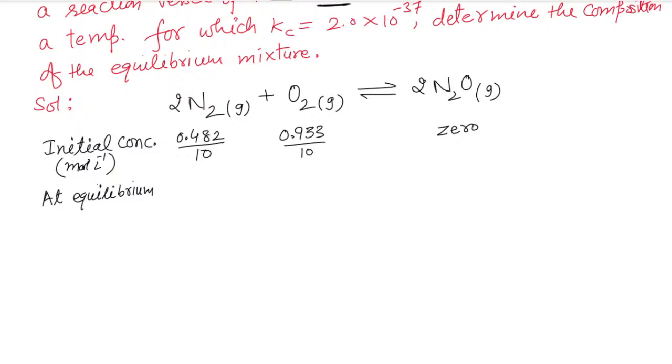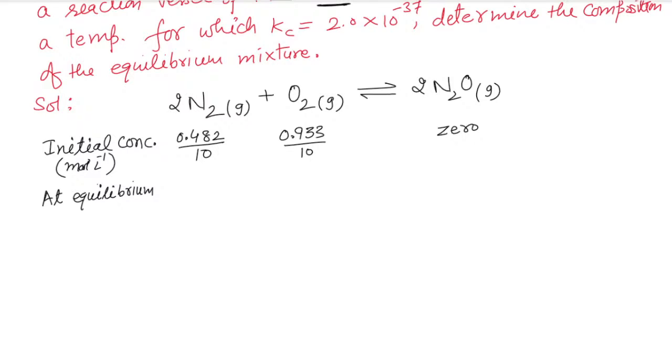That we have done. At equilibrium means when reactants are converted into product and rate of the forward reaction becomes equal to rate of backward reaction, means concentration of nitrogen, oxygen and N2O will not change afterwards. After equilibrium it remains constant.